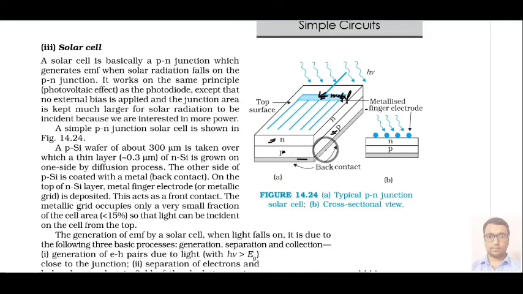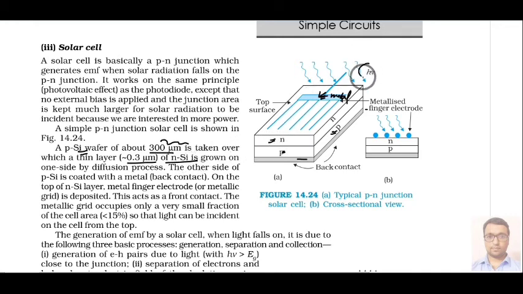Then we have some back contact. The p type silicon layer has a thickness of 300 micrometers, and the n type semiconductor has a thickness of 0.3 micrometers, and they are combined together.